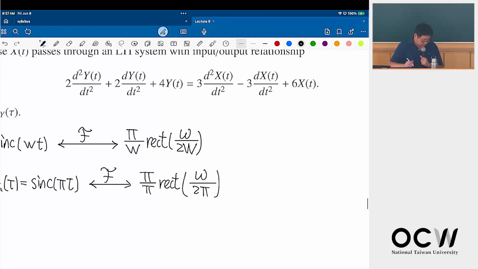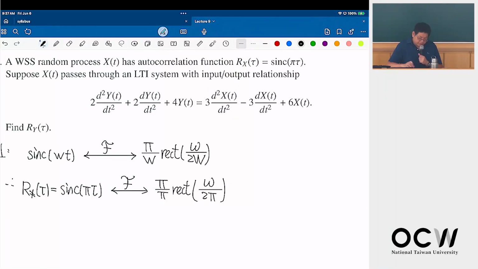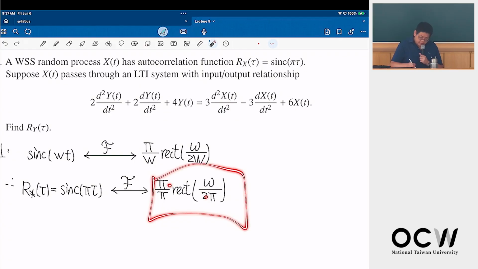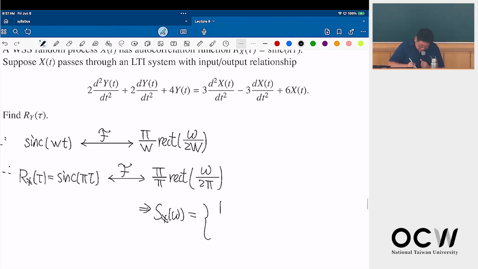And then the Fourier transform of the autocorrelation is this, that means the power spectrum is either 1 or 0. When omega is between minus pi and pi, then it is 1. Otherwise, it is 0.